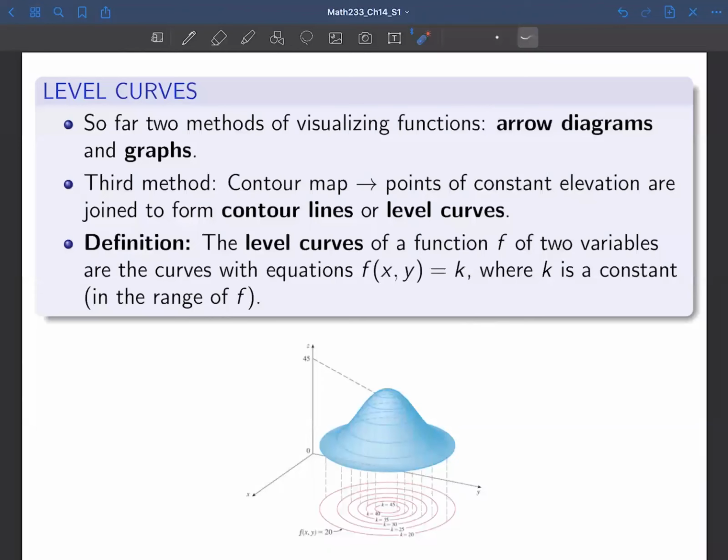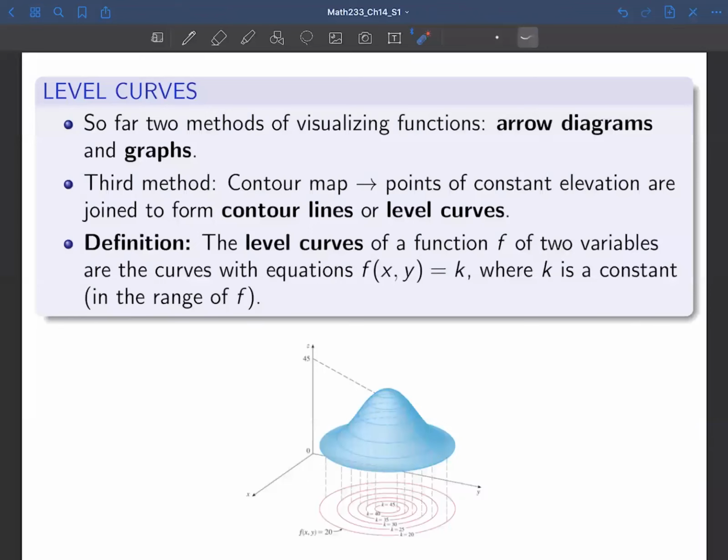So level curves of a function f of two variables x and y are the curves with equations of the form f of x comma y is equal to k, where k is a constant in the range of the function f. In other words, a level curve shows where the function f has height k, and it is the trace projected on the xy plane.